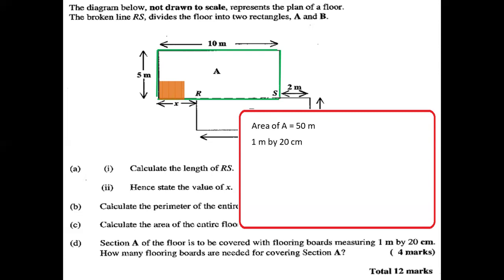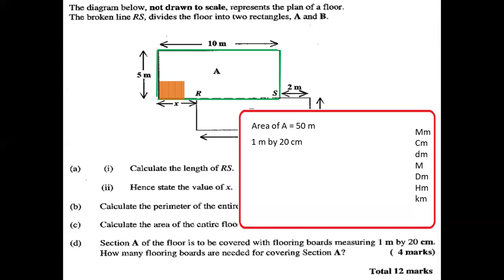And we want to cover it with flooring boards measuring 1 meter by 20 centimeters. Now, if we use our little conversion listing, from the smallest unit for measuring length, millimeter, up to the largest, kilometers, when we're converting from a smaller unit to a larger unit, we're dividing.